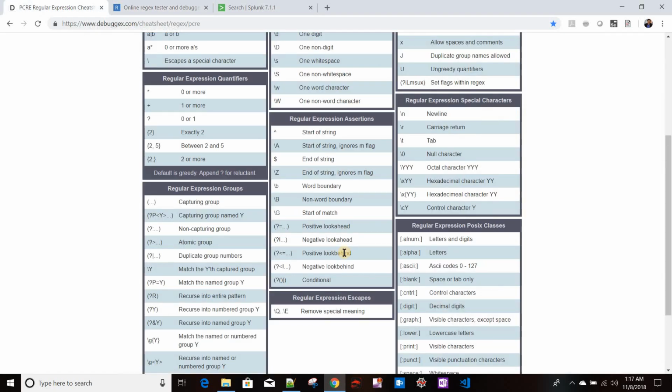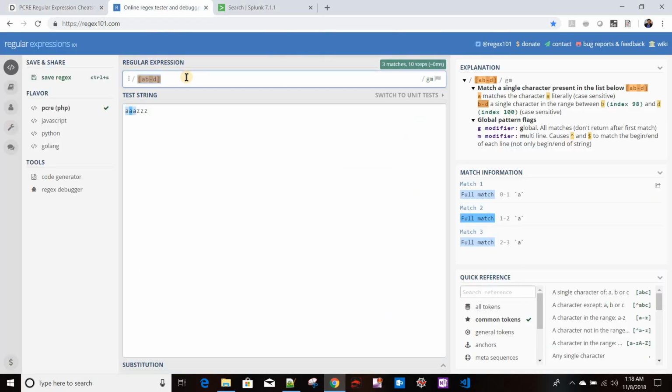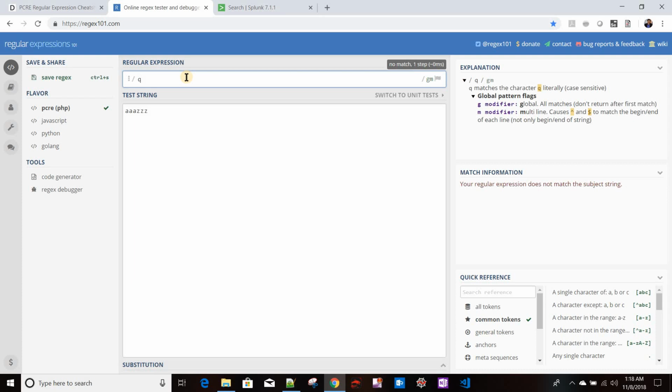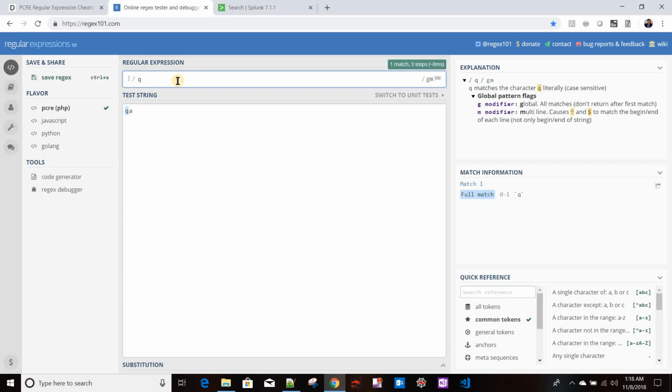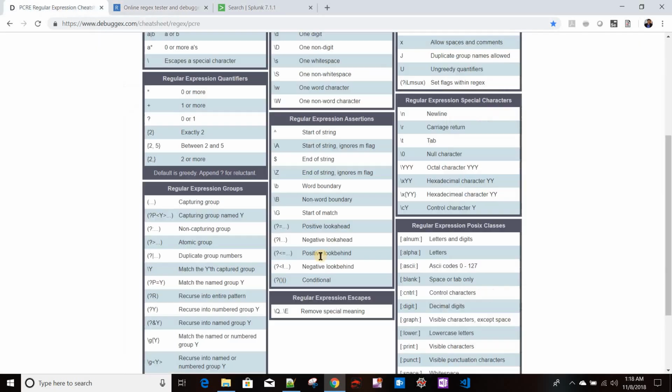So lookahead and lookbehind are basically used to determine certain conditions. Suppose I have a string, let's say something like this. I want to check whether after Q I have A or not. So I give the regular expression with a lookahead, like this one.